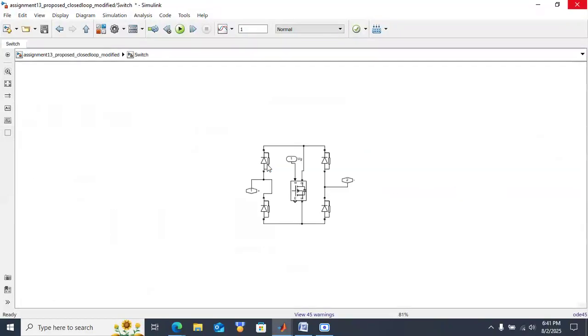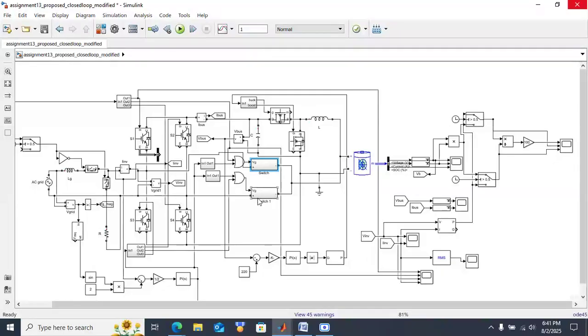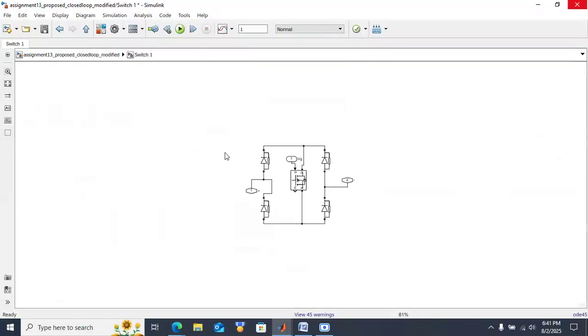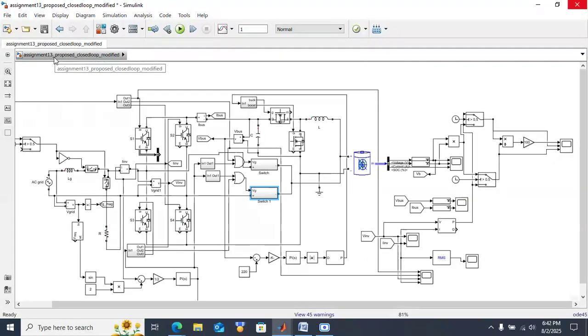Here a bidirectional switch is used for the positive and negative cycle. Initially the power will flow through this bidirectional switch, and when the AC voltage becomes higher than the battery voltage, it goes through this rectifier and then through the buck switch.